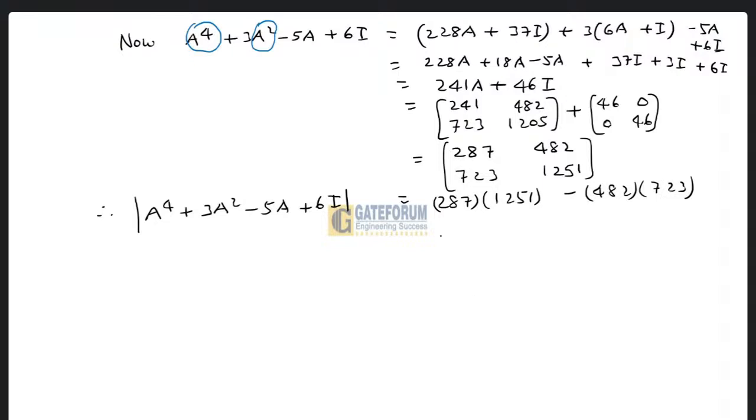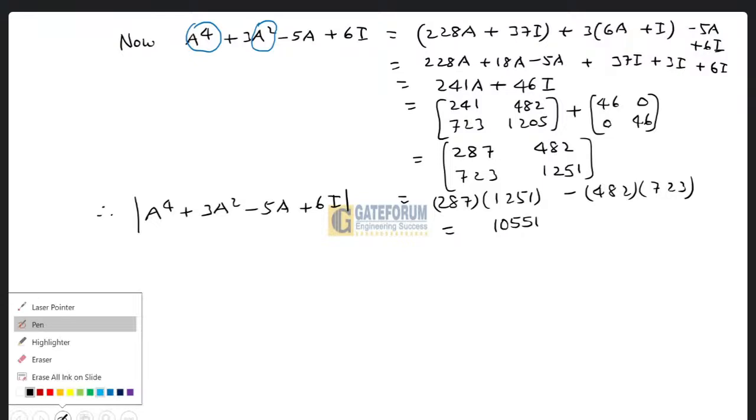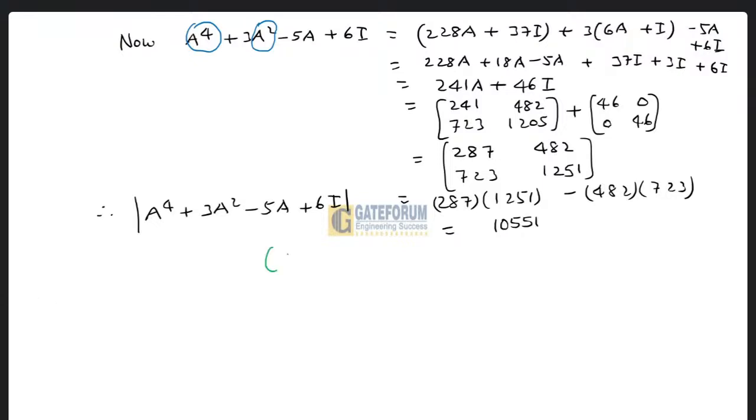So this simplifies to 10551, since the determinant of A, B, C, D is equal to AD minus BC.